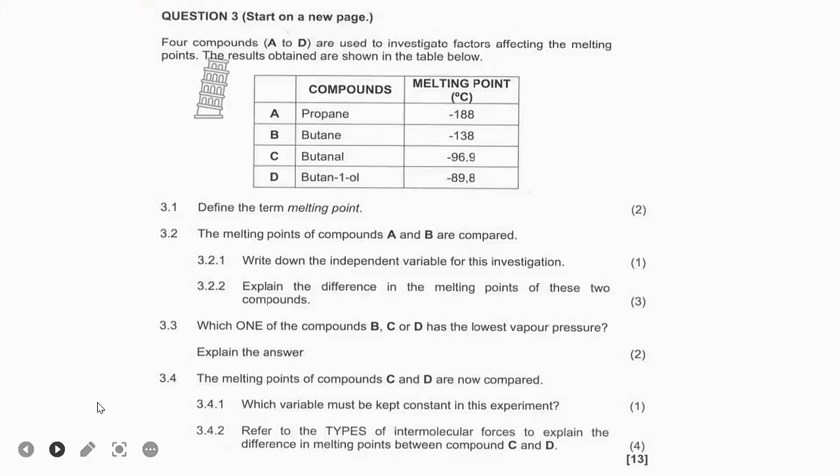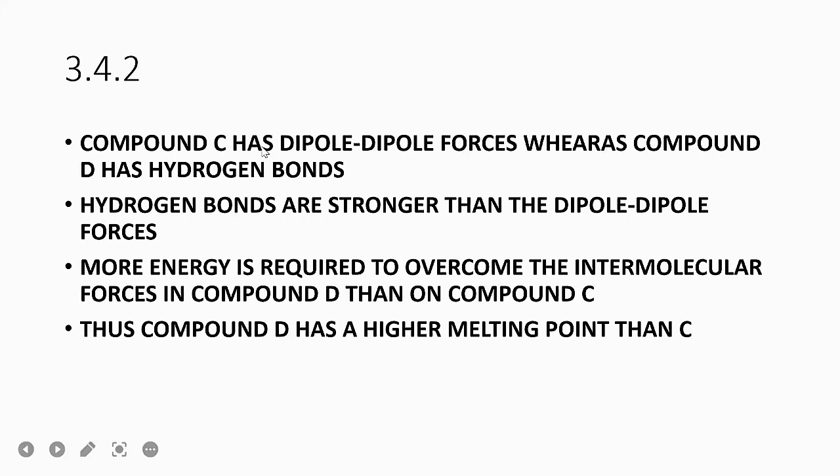And then, okay, 3.4.2, we're going to say compound C has dipole-dipole forces, whereas compound D has hydrogen bonds. Now, we know that hydrogen bonds are stronger than the dipole-dipole forces.